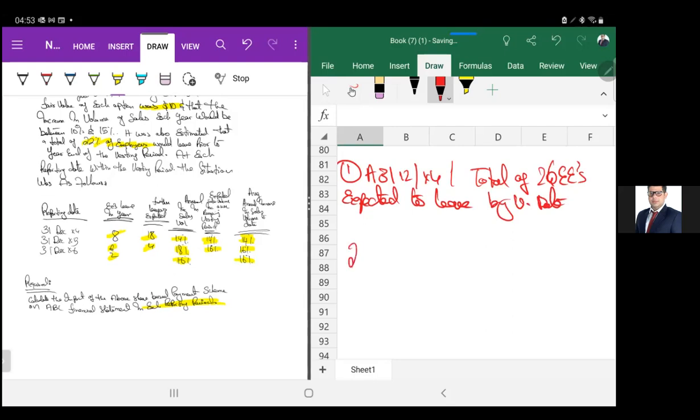In year two, at 31st December 2005, a total of 18, how? 8 in the first year, then 6, and then 4 are expected to leave.